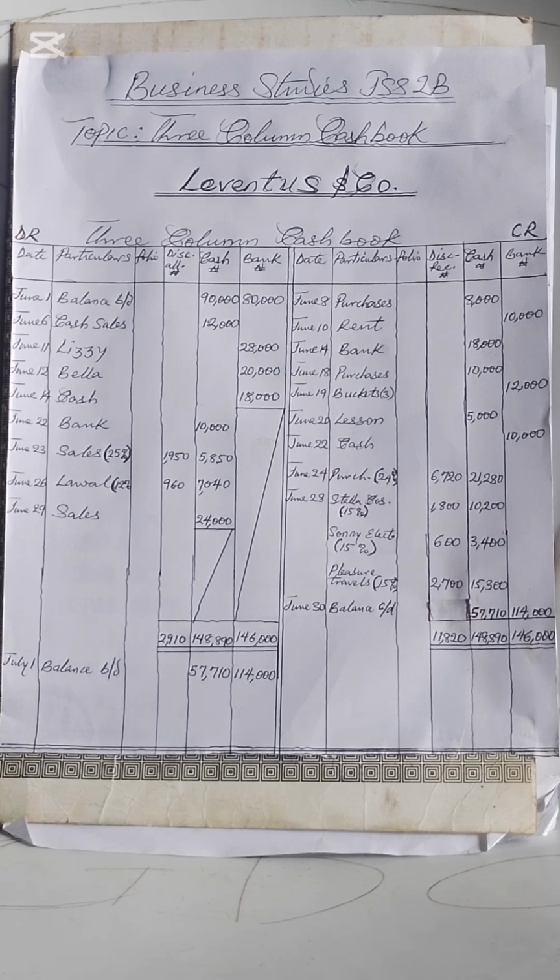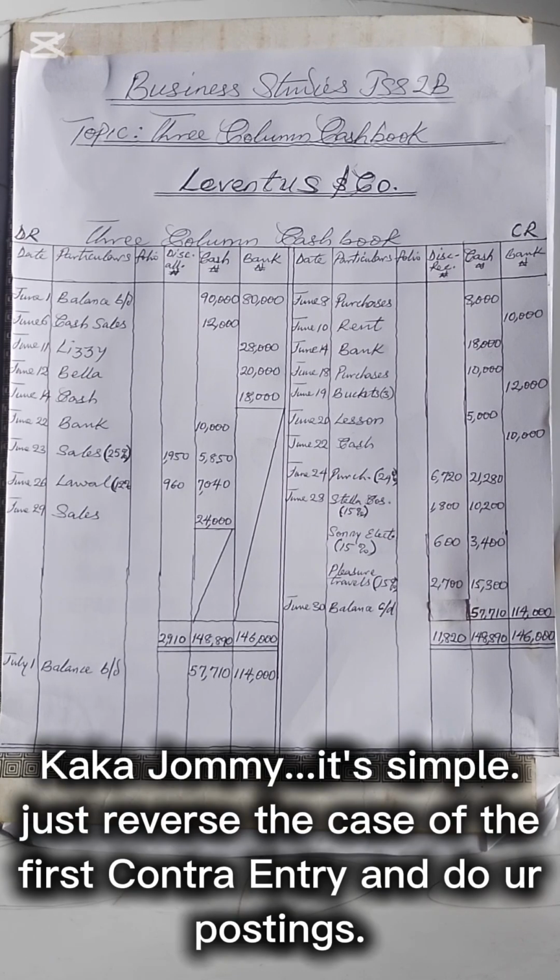Now, I tried bringing different options so that you will not be confused from whatever angle your teacher will come. Now, look at June 22. Withdrew cash from bank. Who is giving who? Withdrew cash from bank, which means bank is giving. Now, bank is giving.